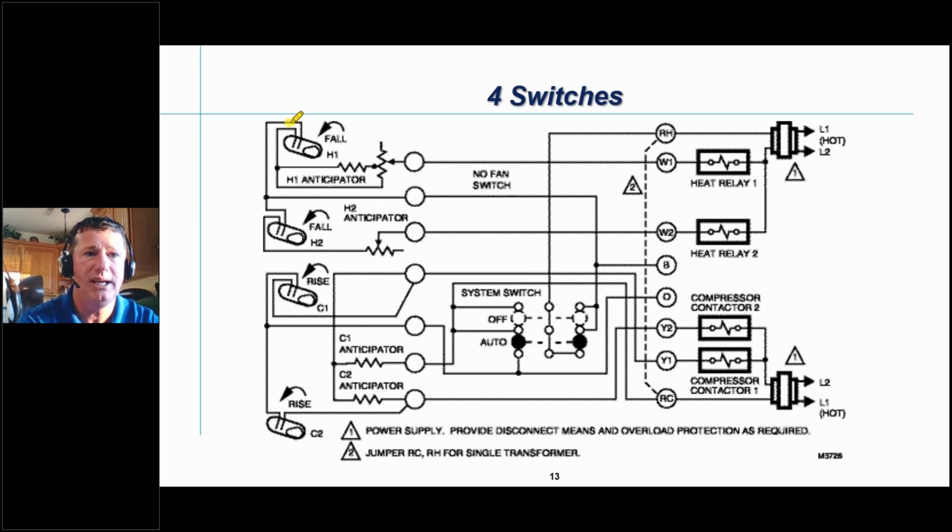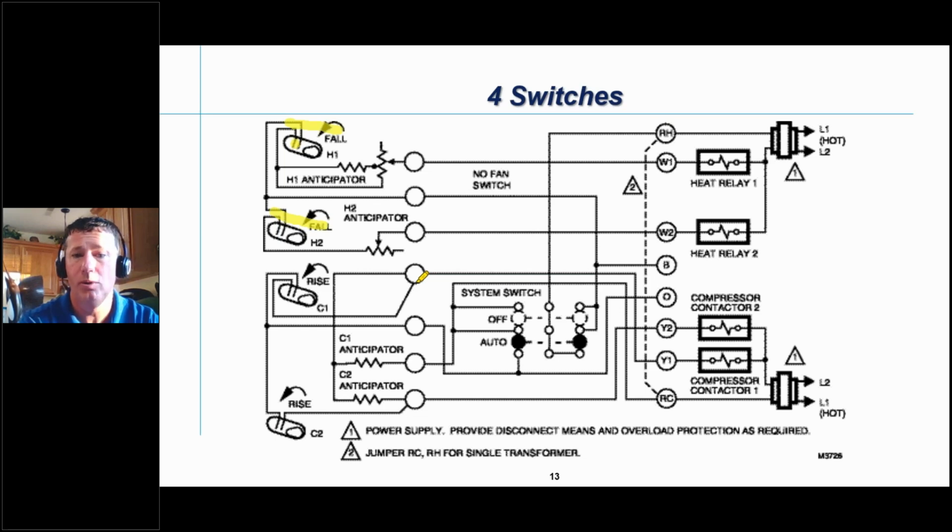W1, first stage heat, is going to be contacted on this switch. As the mercury bulb falls, we're going to drop. As the mercury bulb rises, it's going to make contact for our switch. There's our contact points right there. Stage 2 for that is going to use this secondary mercury bulb, and that is going to be contacts for stage 2.